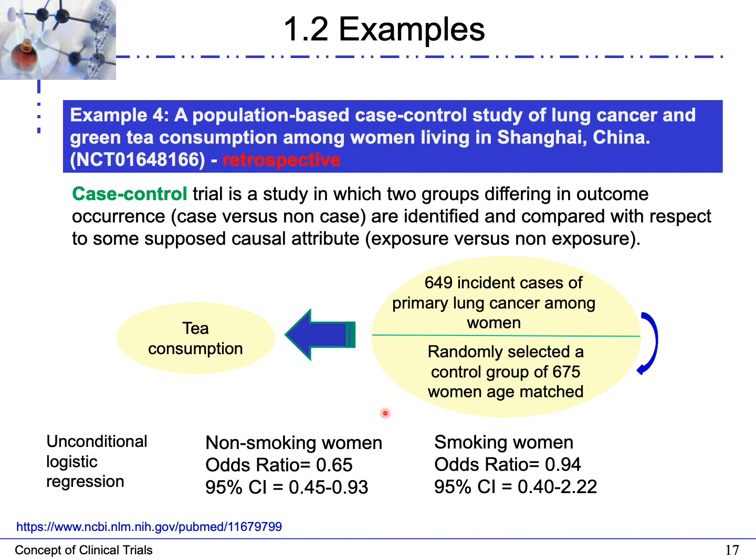So the authors estimated the adjusted odds ratio and 95% confidence interval using unconditional logistic regression. Among the non-smoking women, consumption of green tea was associated with a reduced risk of lung cancer with an odds ratio of 0.69, and the risks decreased with increasing consumption.